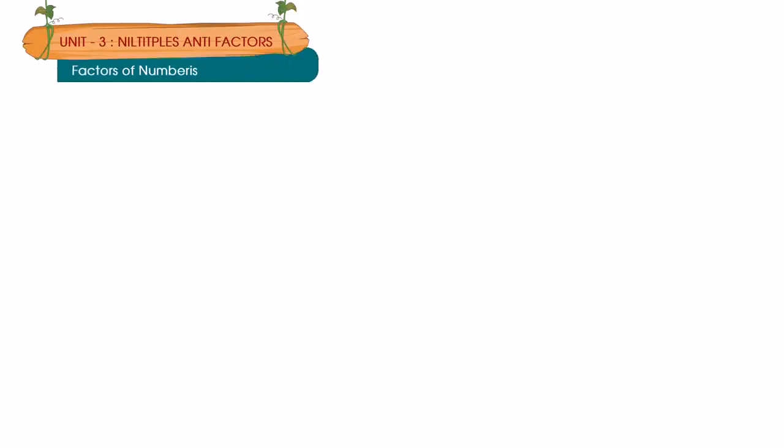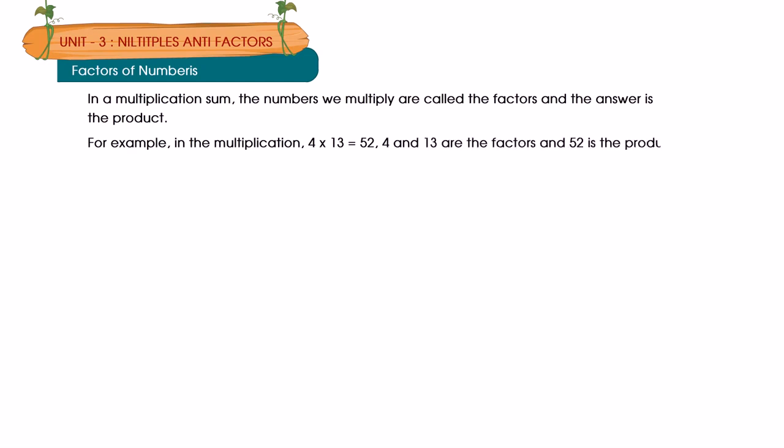Factors of numbers. In a multiplication sum, the numbers we multiply are called the factors and the answer is the product. For example, in the multiplication 4 into 13 is equal to 52, 4 and 13 are the factors and 52 is the product.